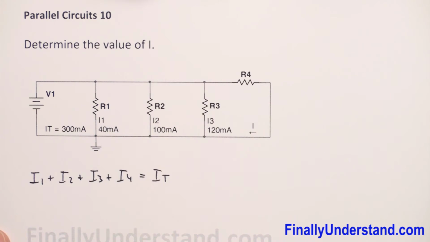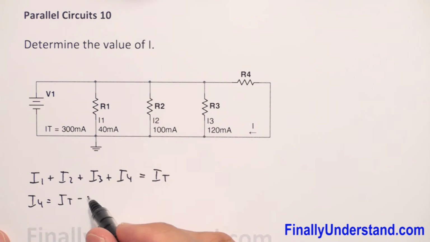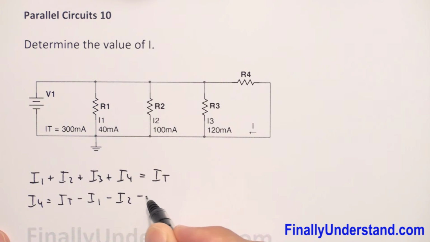Of course, I'm going to use algebra. So I4 is equal to I total minus I1 minus I2 and minus I3.